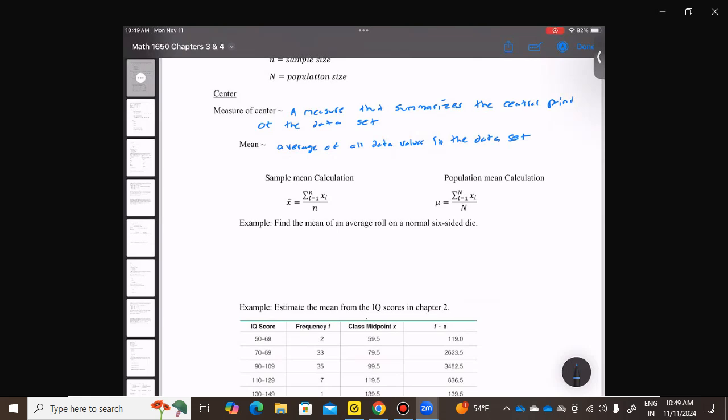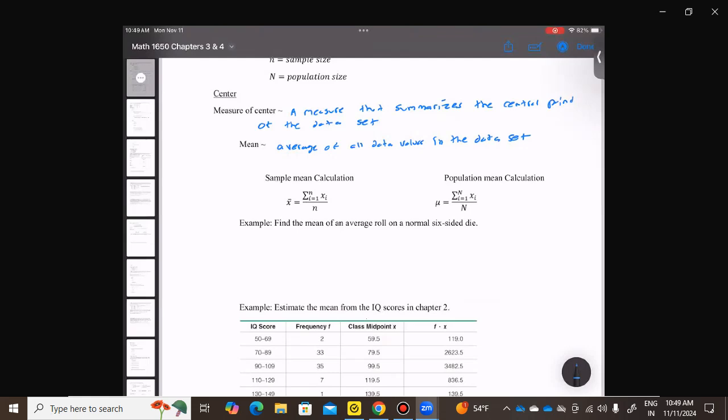If you were able to get every value for the population, then you look at the population mean. Now, a lot of times what we want to see in statistics is we're going to use the sample to basically describe the population mean. But there are some instances when the population is small enough. Let's say at Zane State, the population of Zane State students is probably small enough to get almost everybody.